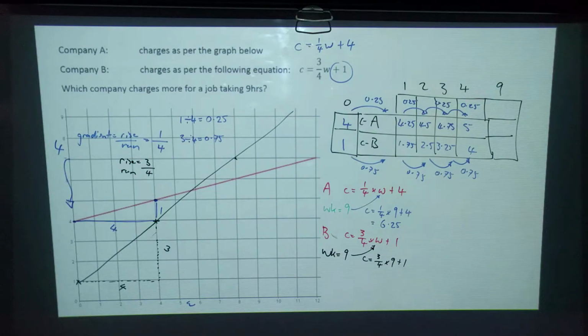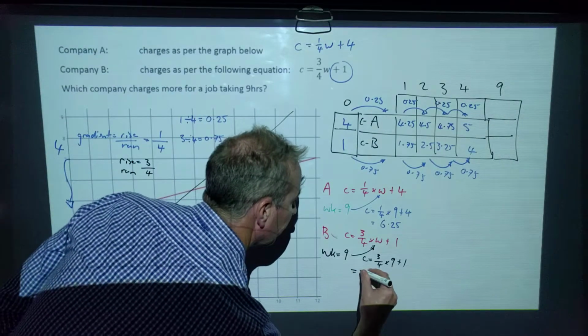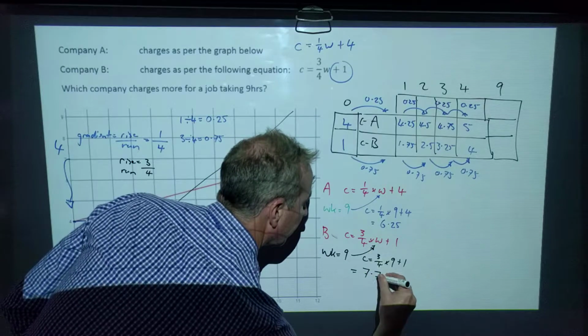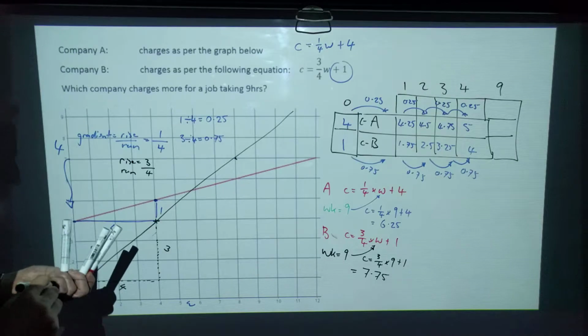And that works out to be 7 3/4 by the looks. So now we know what those values are.